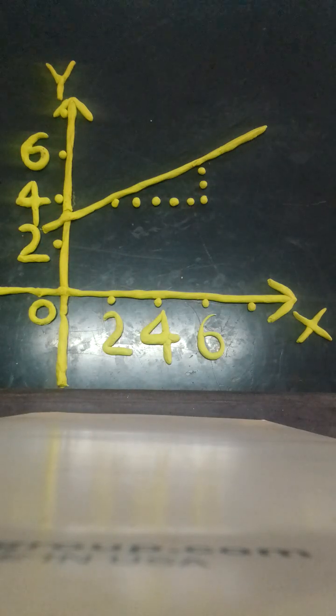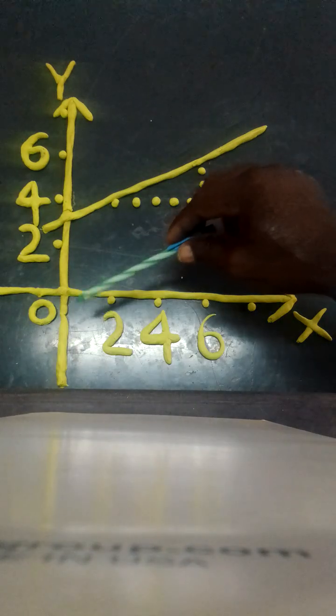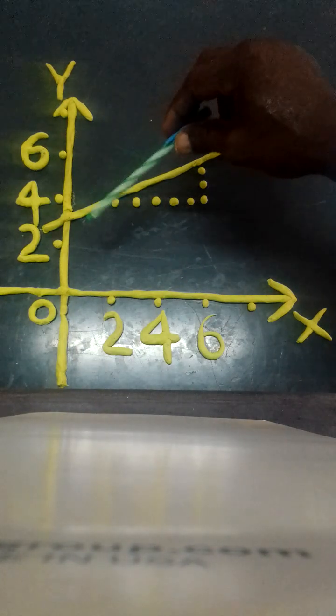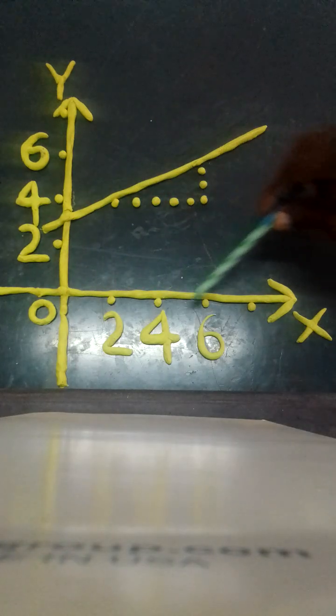Now, we have the Cartesian coordinate plane in that model, which has the y-axis and the x-axis. This is the y-axis, which runs vertically, and this is the x-axis.